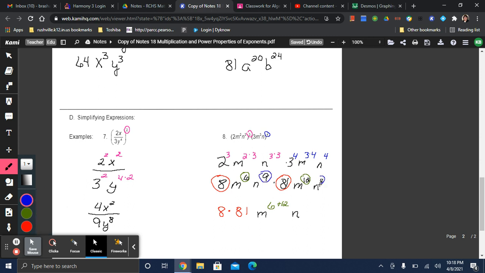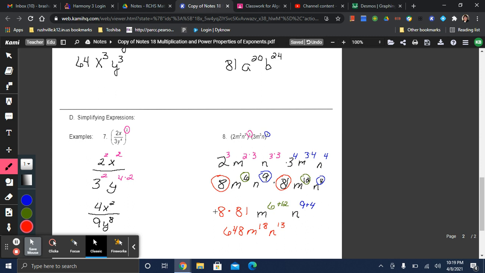And so we have the 9 and the 4 that we'll add together. Notice, though, that I'm not adding the bases. The bases are all multiplied. So 8 times 81 would be 648. And then my m is to the 18th power, and my n is to the 13th power.